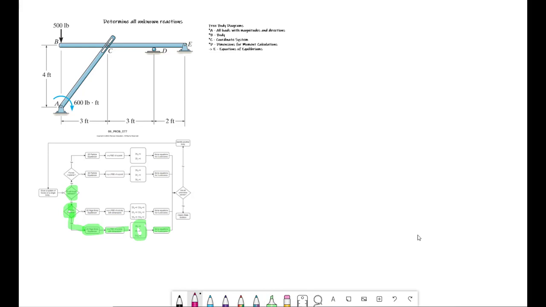All right, so let's clear that off. We want to find forces at A, C, D, and E. Let's make that pen a little bit smaller.